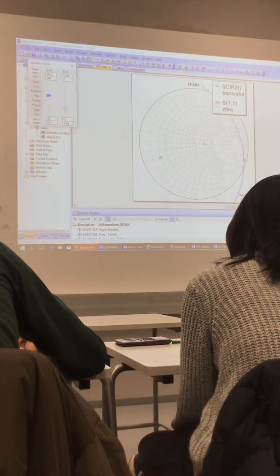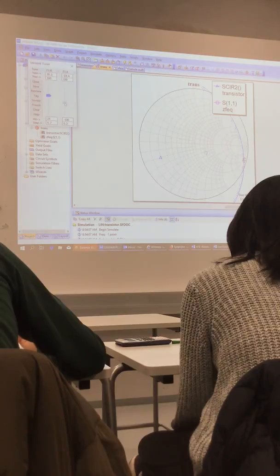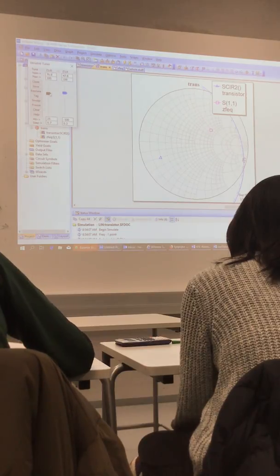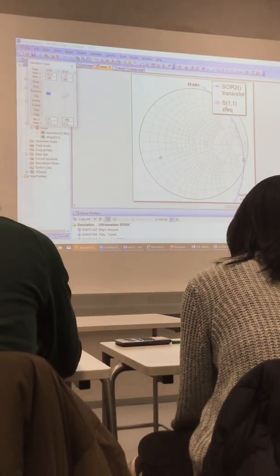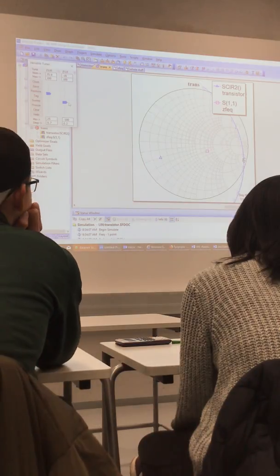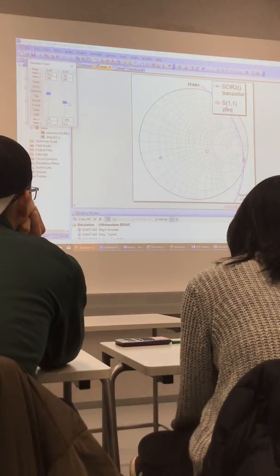Tuning the imaginary part doesn't do anything because for some reason the max and min value are 1 ohm and minus 1 ohm. But you can see that I'm able to move my Z-FREC wherever. Nice.